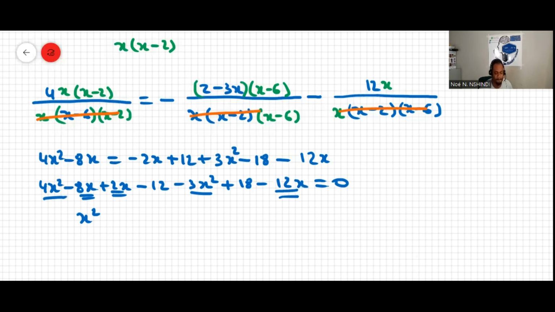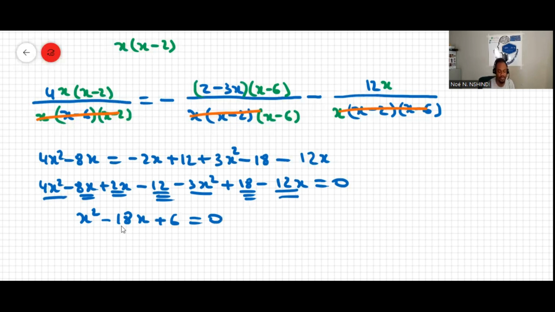Negative 8 plus 2x makes negative 6x, minus 12x makes negative 18x, and then this and that makes positive 6, and then equals 0.